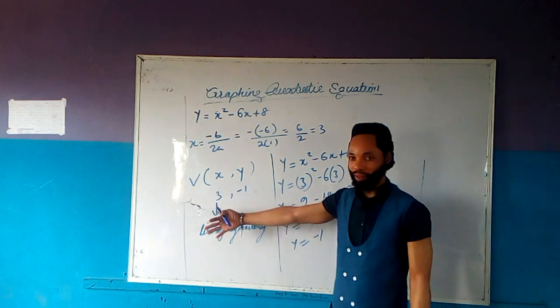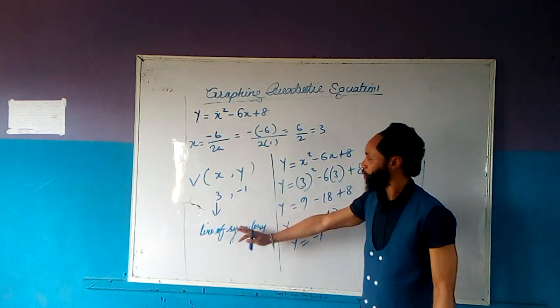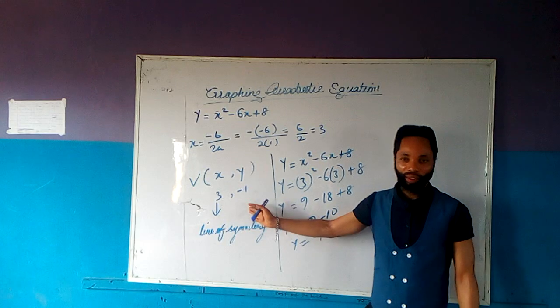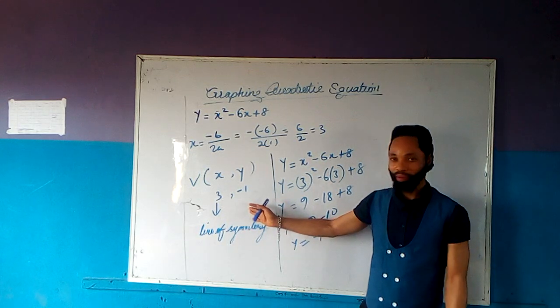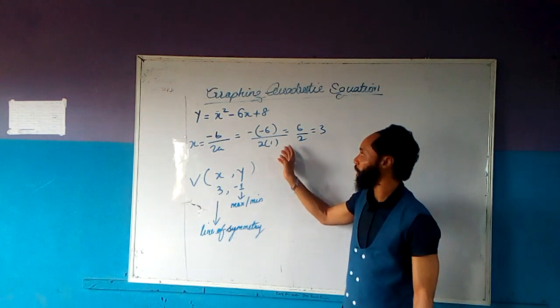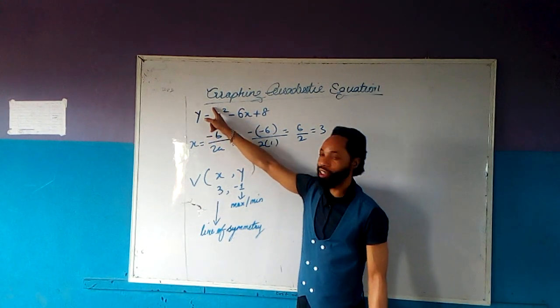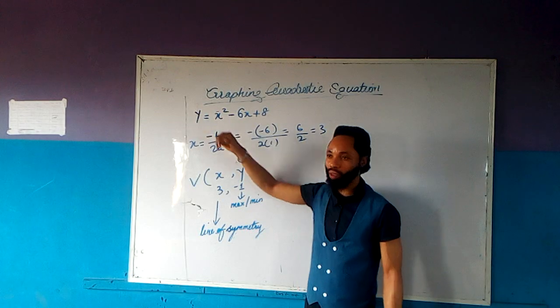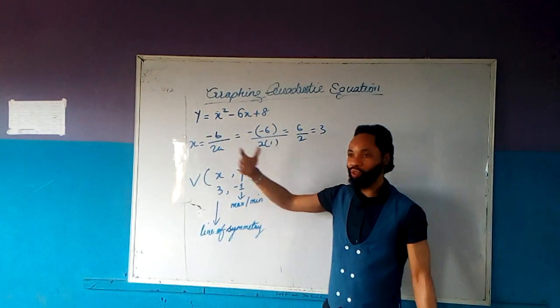Are you with me? Any question? So here's our a. If you don't see any value in front of x squared, our a will be 1. But when there is a value like 2, 3, 4, you take that value as your a.